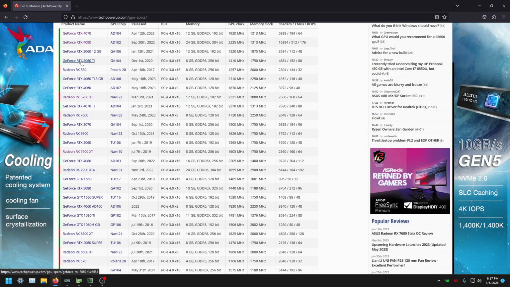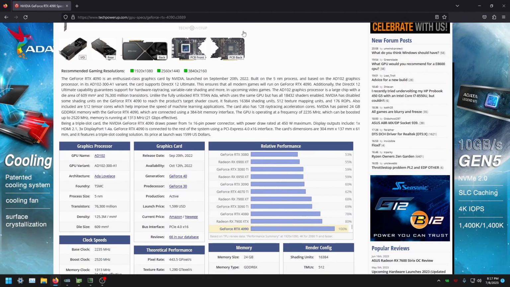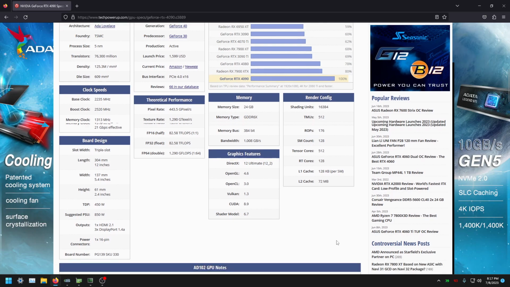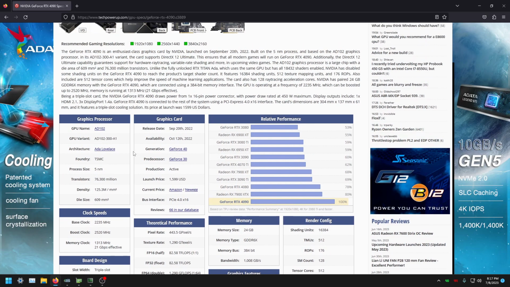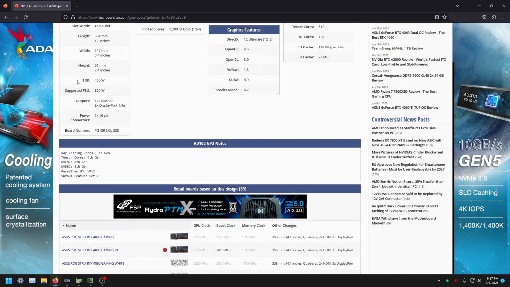For example, I'll have a look at this beast. Go and have a look at the TDP, if it's listed somewhere. This card, the RTX 4090, has a TDP of 450, and the recommended power supply is 850 watts.